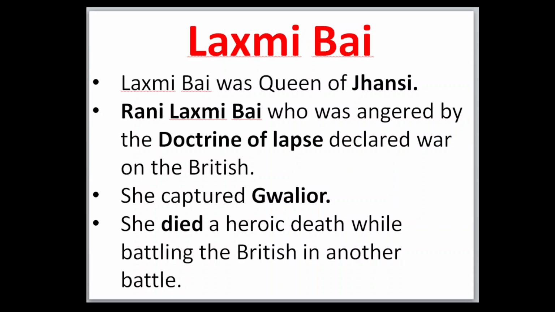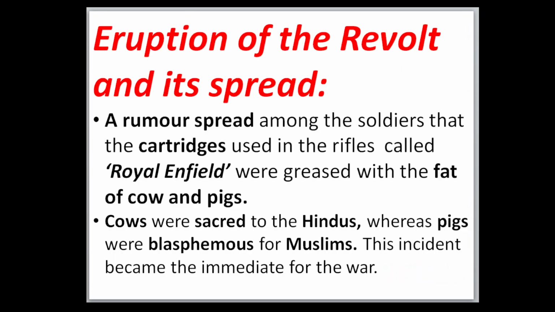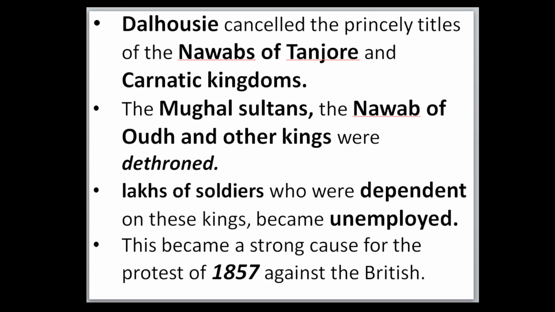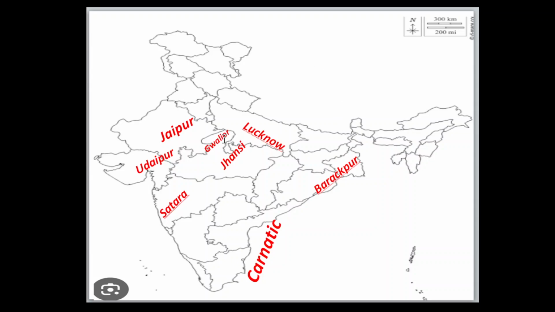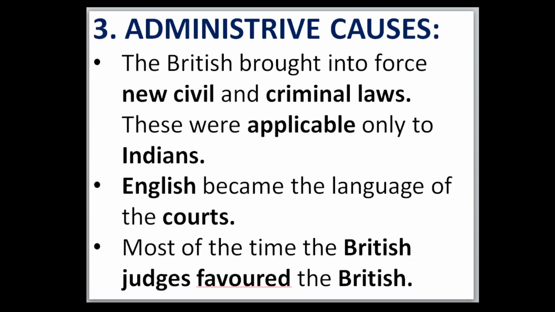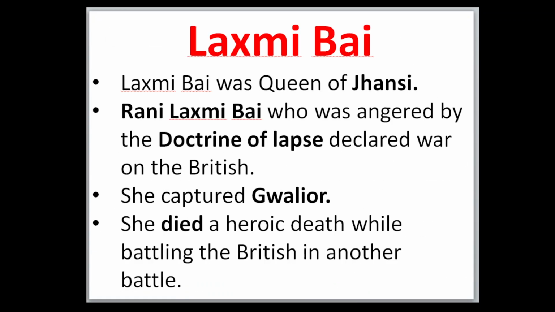Lakshmi Bai was the queen of Jhansi. Rani Lakshmi Bai, angered by the doctrine of lapse, declared war on the British. She captured Gwalior, which is located here in Madhya Pradesh, a very strong place at that time. Then the British attacked her, and she died a heroic death in the war.